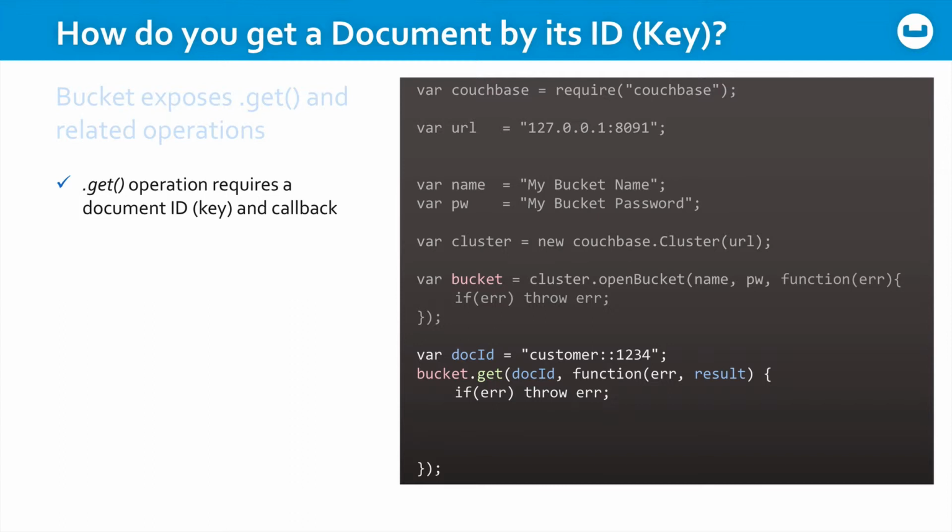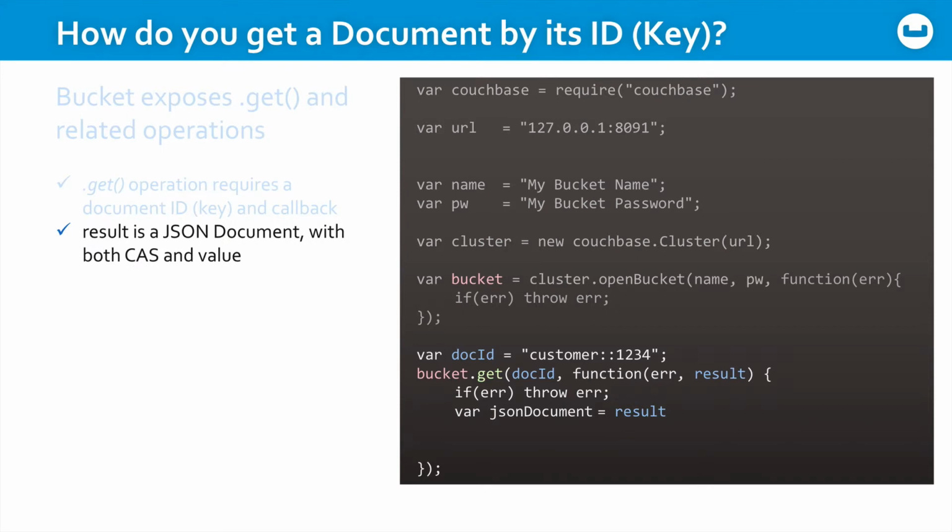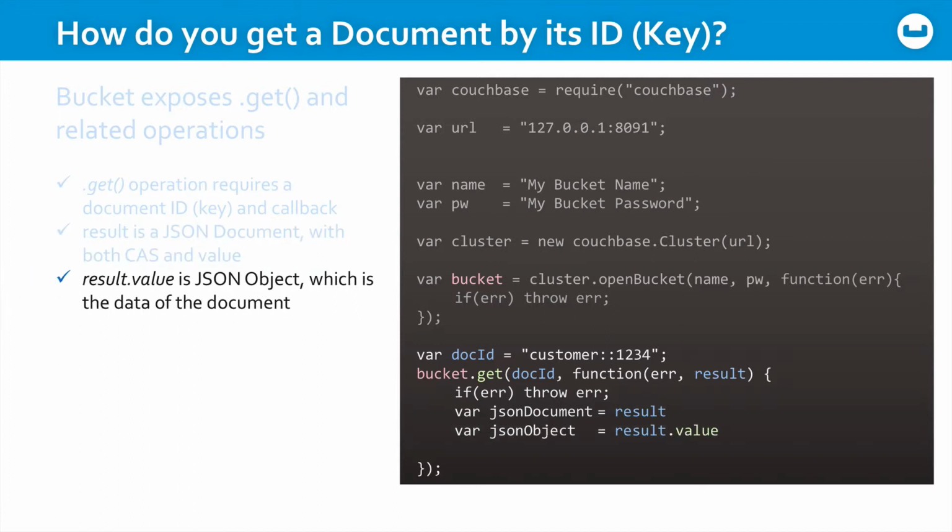And then the result is whatever comes back for that particular key. The result itself is, as you'd expect, a JSON document. And it has both the CAS for the document and a value. We'll get into that in just a moment. So it's the value property of that JSON document that has the JSON object itself. So in result.value, you would get the underlying values that you're looking for.